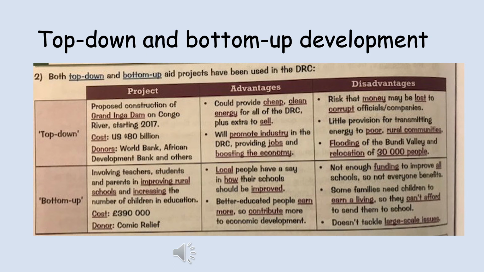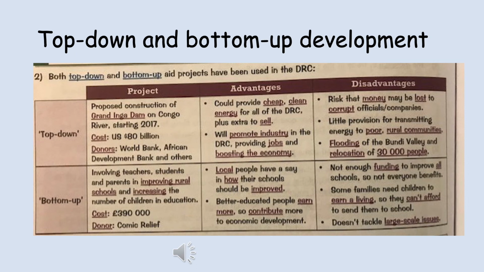The next strategy we're going to look at is this bottom-up development strategy. Now remember that bottom-up development strategies tend to be on a smaller scale, tend to be run by local communities and charities. Now Comic Relief therefore has donated money to try and improve education in the DRC, and they've done that by involving teachers, students and parents in improving rural schools.